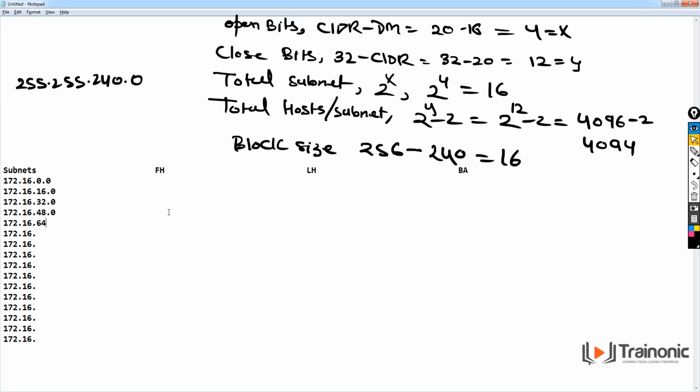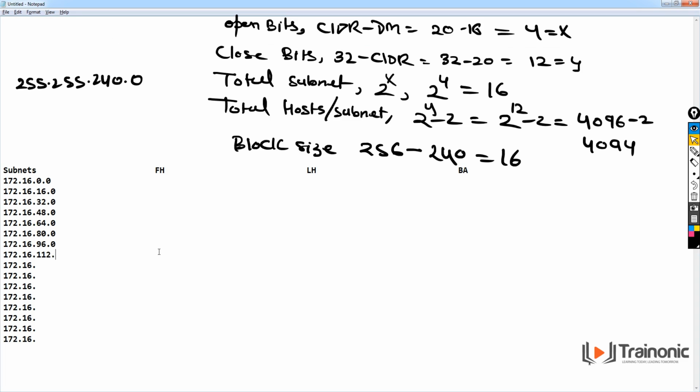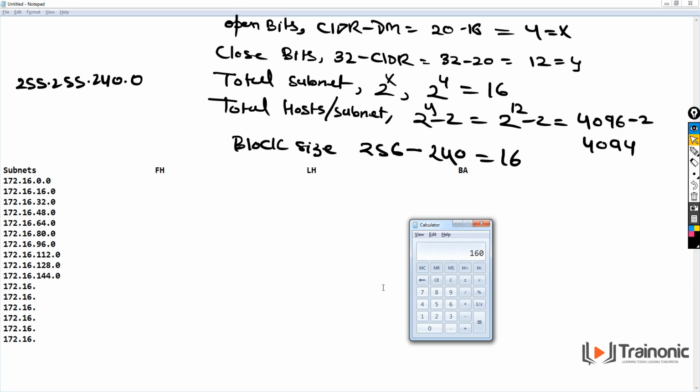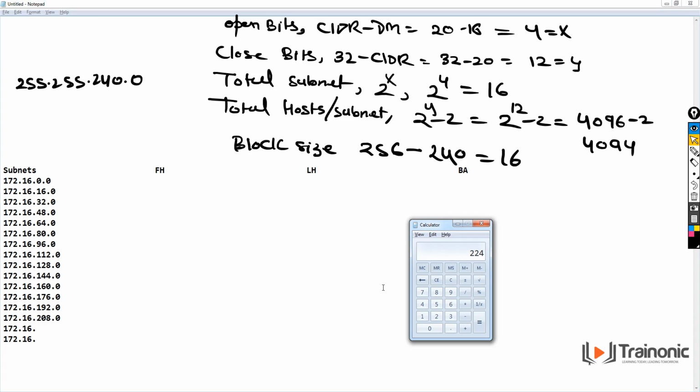Next 64.0, 80.0, 96, then 112, next 128, 144, 160, next 176, 192, 208, 224, and 240.